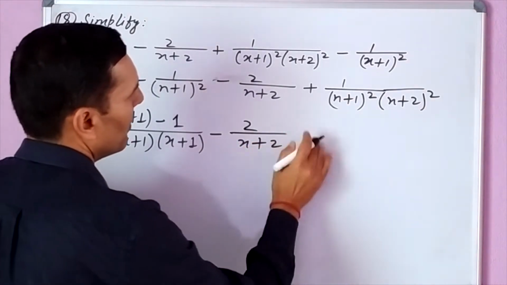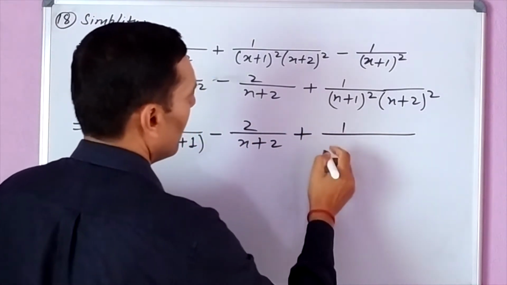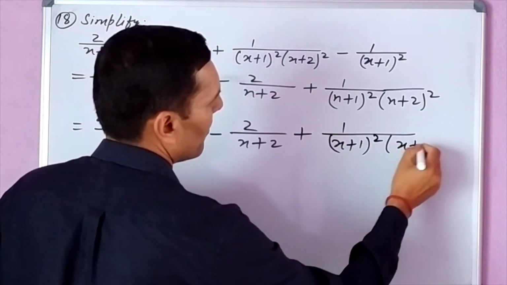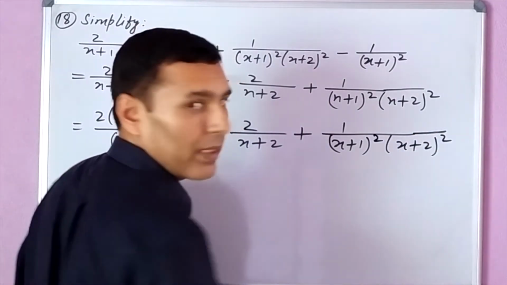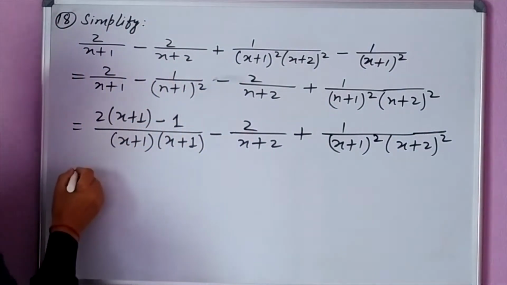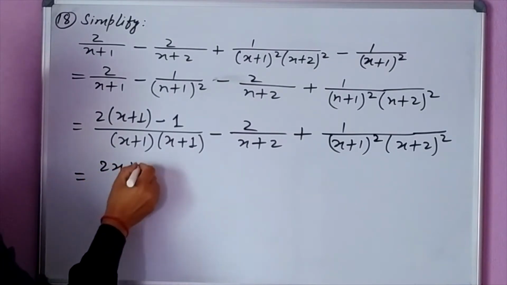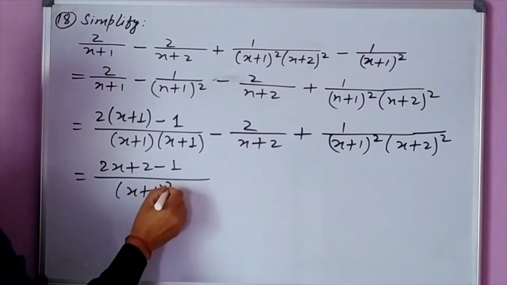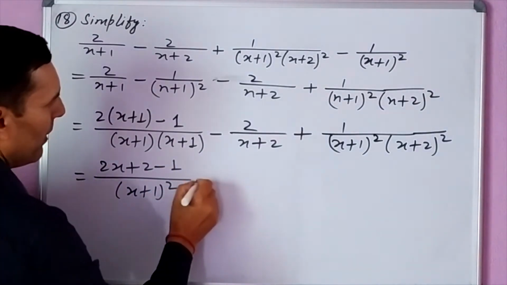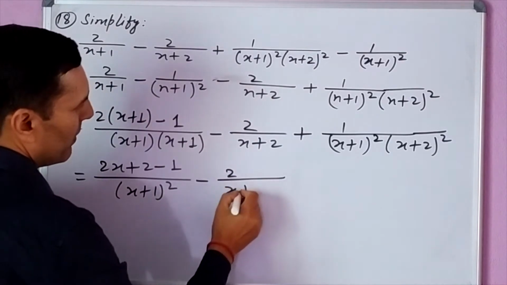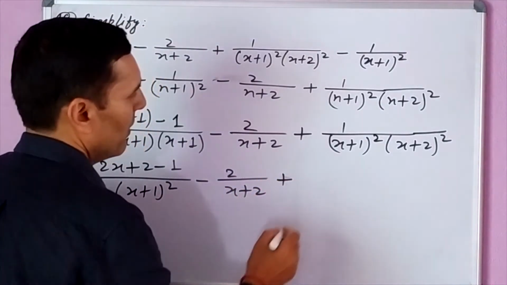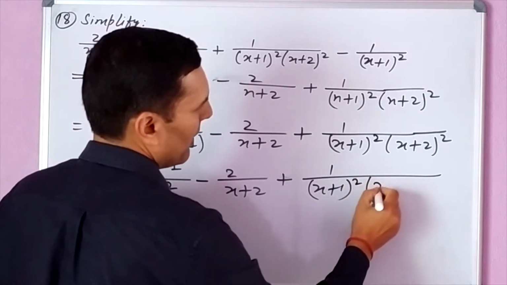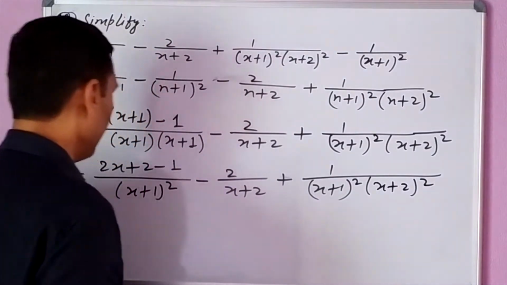So x plus 2 plus 1 upon x plus 1 whole square, x plus 2 whole square as it is. It is 2x plus 2 minus 1. This is x plus 1 whole square, minus 2 upon x plus 2 plus 1 upon x plus 1 whole square times x plus 2 whole square.